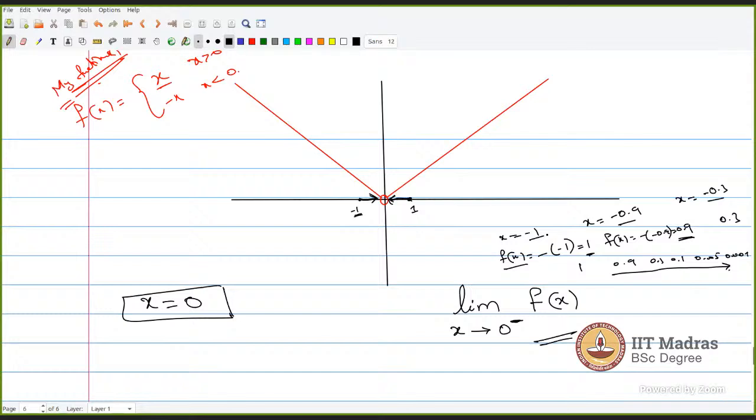Therefore I can write it like this: limit x tends to 0 minus f of x will tend to 0. This left side tending, I call it limit L, left side, LL.